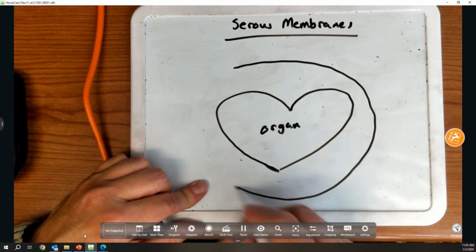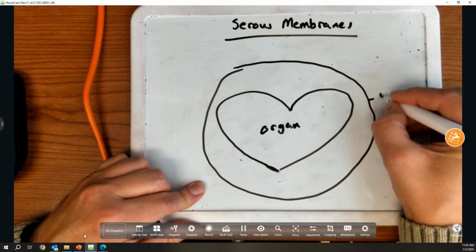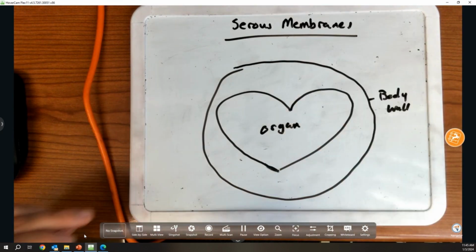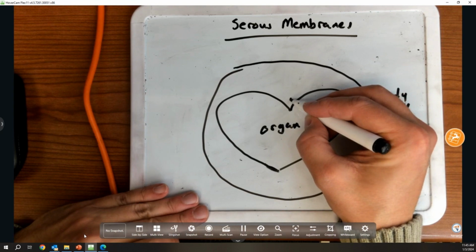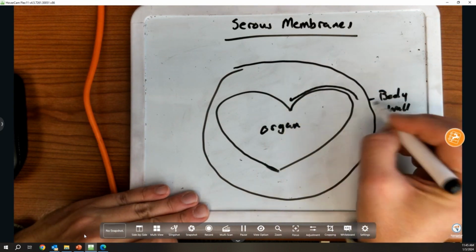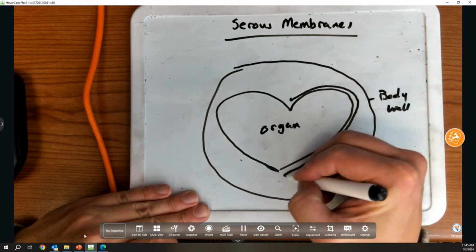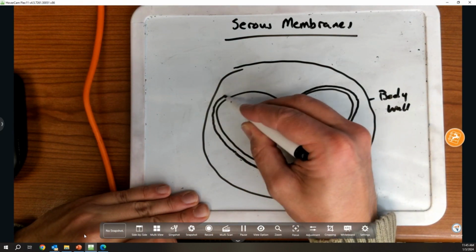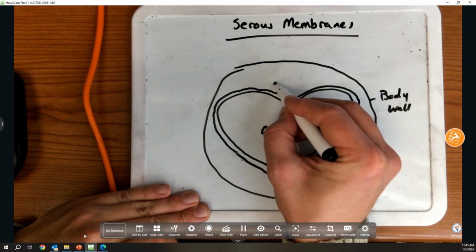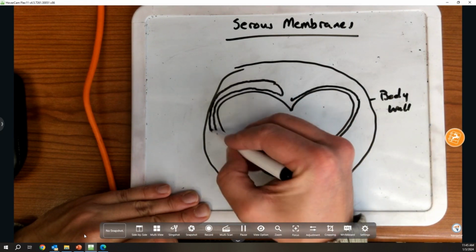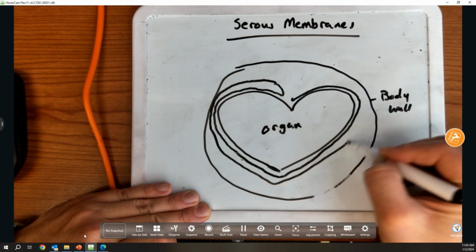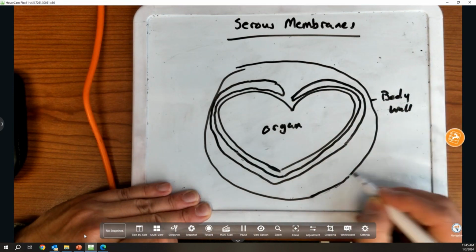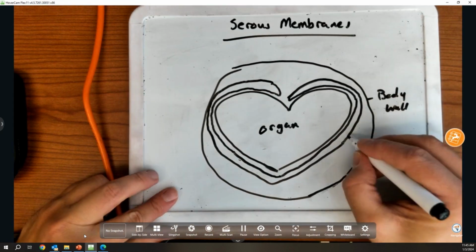And let's say right here we have the body wall, okay? Around it is a serous membrane. And they are double-lined, sealed membranes, okay, that surround organs.